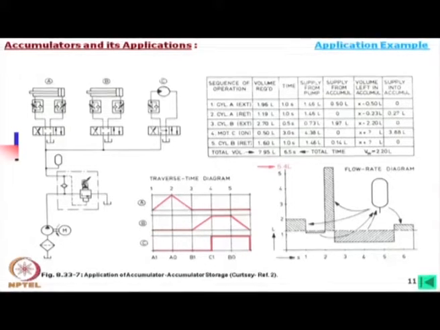We will consider that, and this guideline is given on how to select the accumulator, looking at that chart. Supply from the pump is 1.46, that is Q1, 1.46 liter only at those conditions.